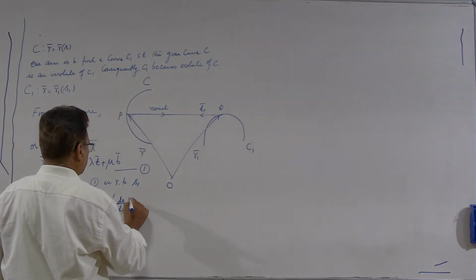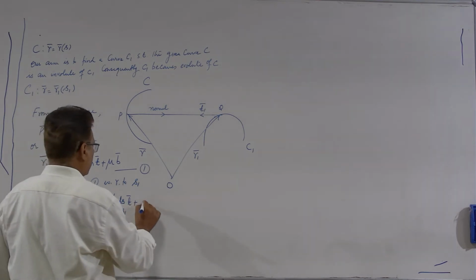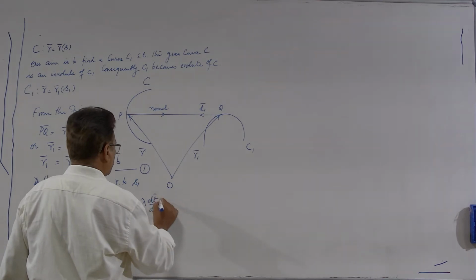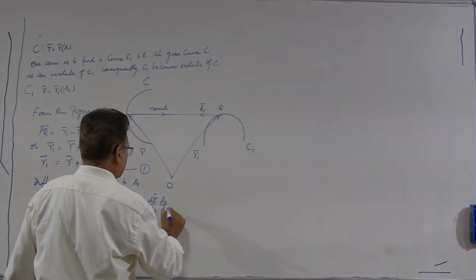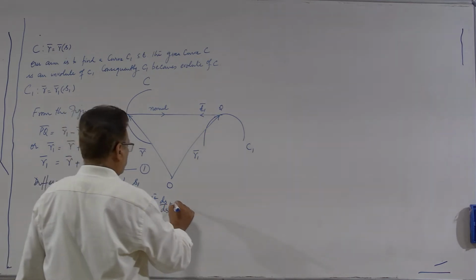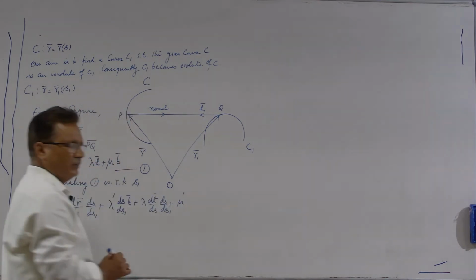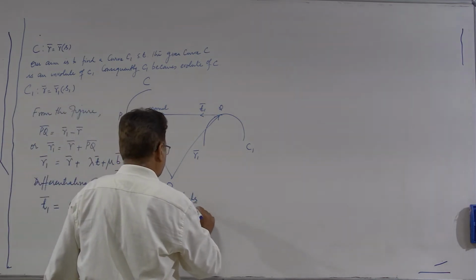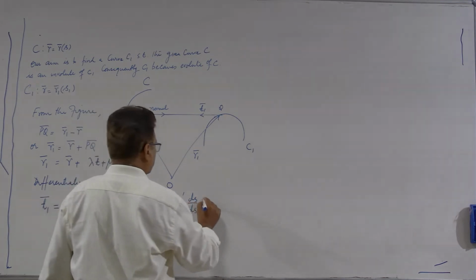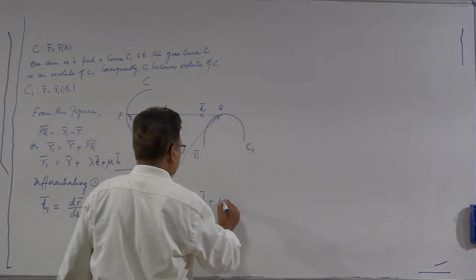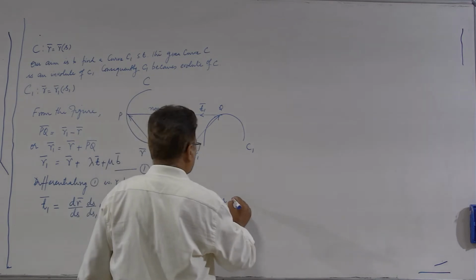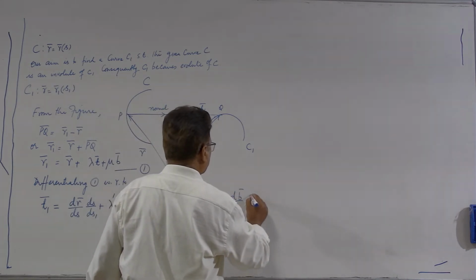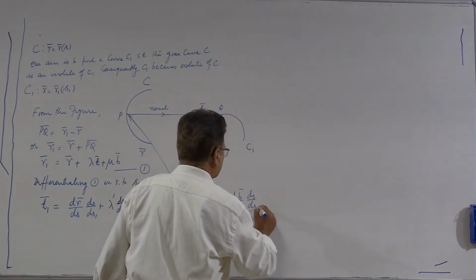t as it is, plus lambda times dt over ds into ds over ds1, plus mu dash, derivative with respect to S, into ds over ds1 and b as it is, and plus mu times dB upon ds into ds over ds1.